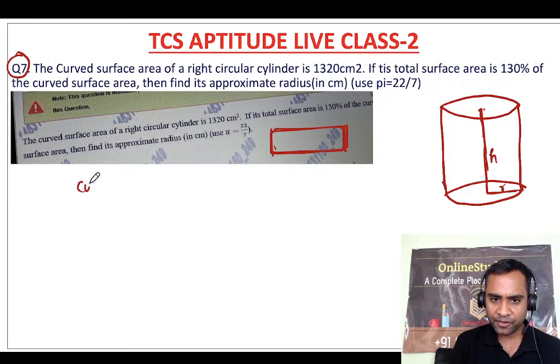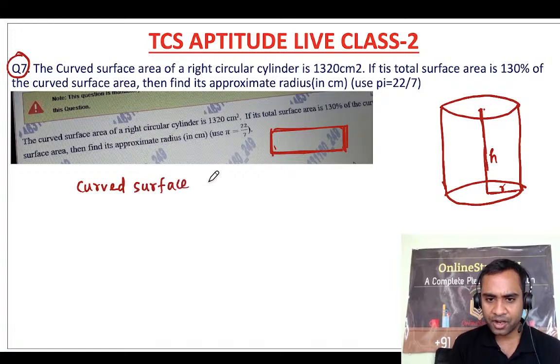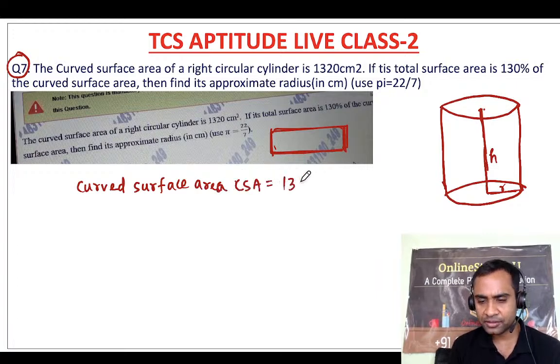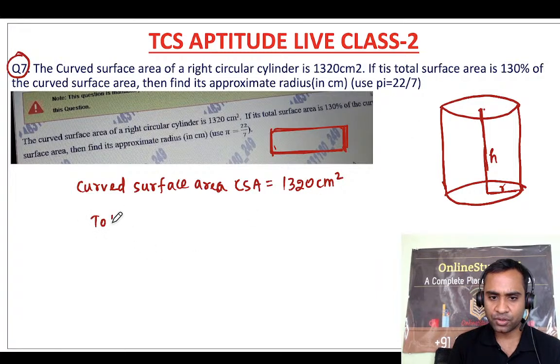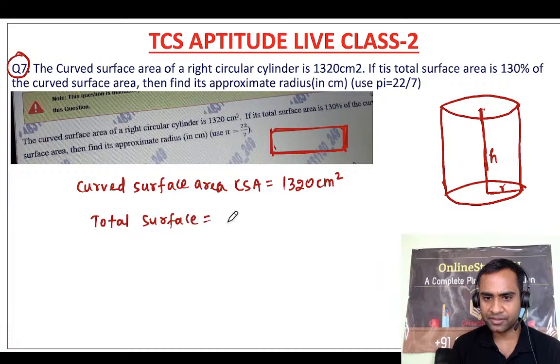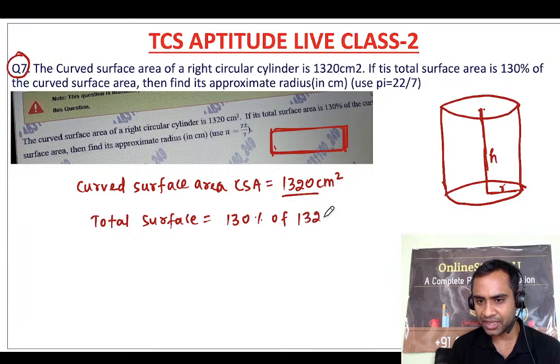So curved surface area, that is also called as CSA of the cylinder, is 320 centimeter square. Now, if its total surface area is 130 percentage of the curved surface area, that is 1320.